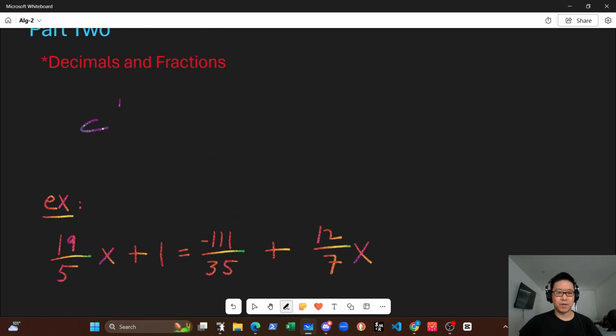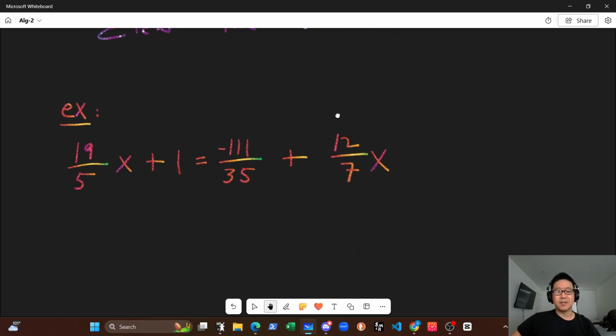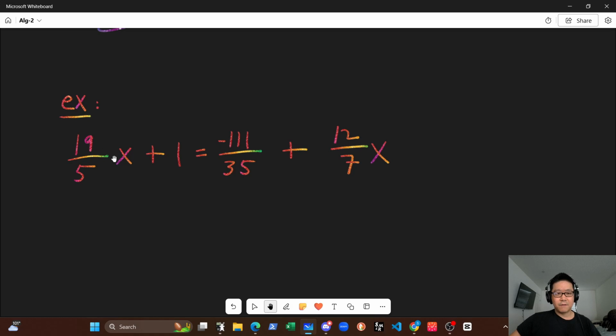Okay, so we clear the fractions. And we do this by multiplying both sides of the equation by the LCD of the fractions.